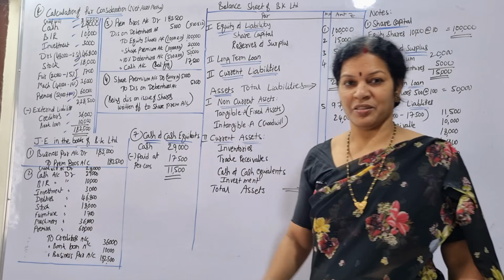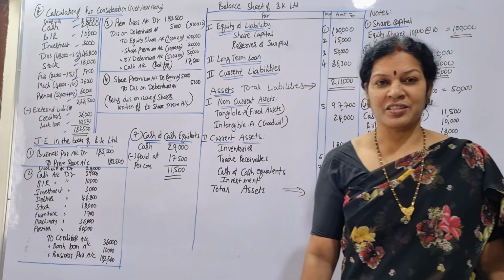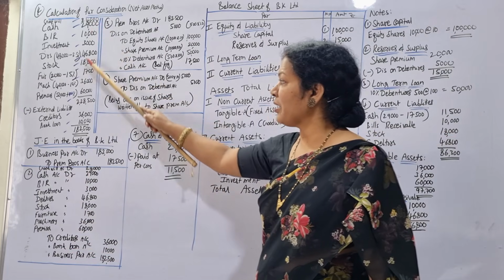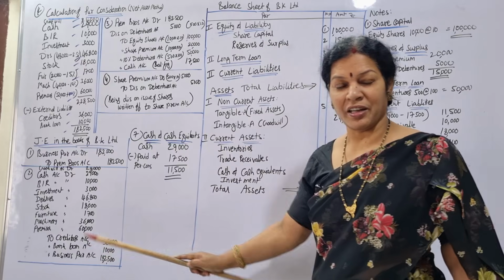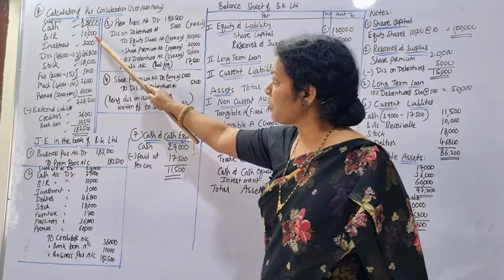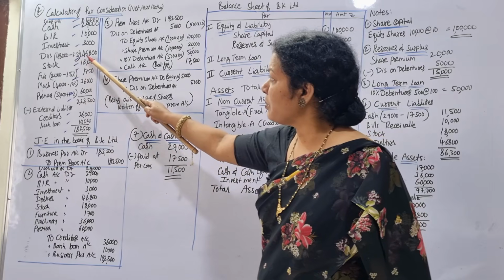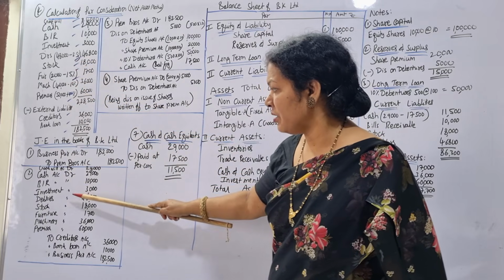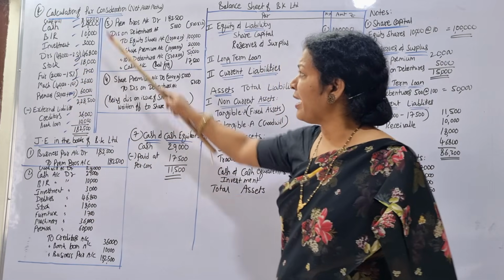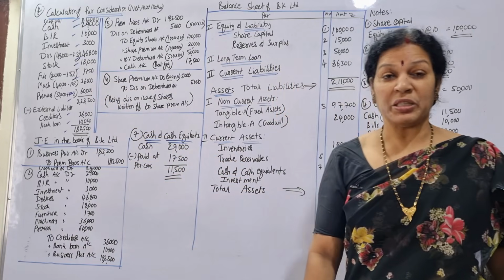On the debit side, all the various assets separately, whatever we have taken: goodwill 24,000, cash, bills receivable, investment, debtors, stock, furniture, machinery, premises. Everything as it is is written on the debit side.